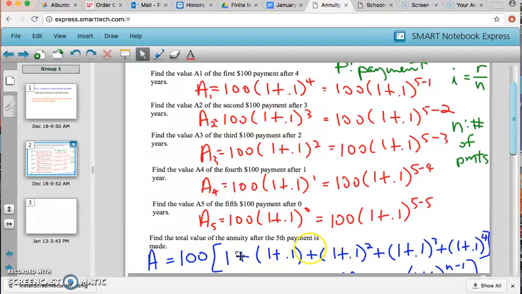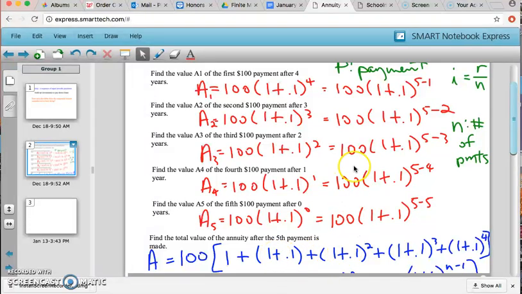So the first one, we'll start down at the bottom right here, and this is 100 times 1.1 to the 0, which is just 1. So when we factor 100 out of that, we're just left with a 1 here. This second term refers to a sub 4, so this one right here, we factor out a 100. We've got 100 times 1.1 to the first power, so here we go, 1 plus 0.1.